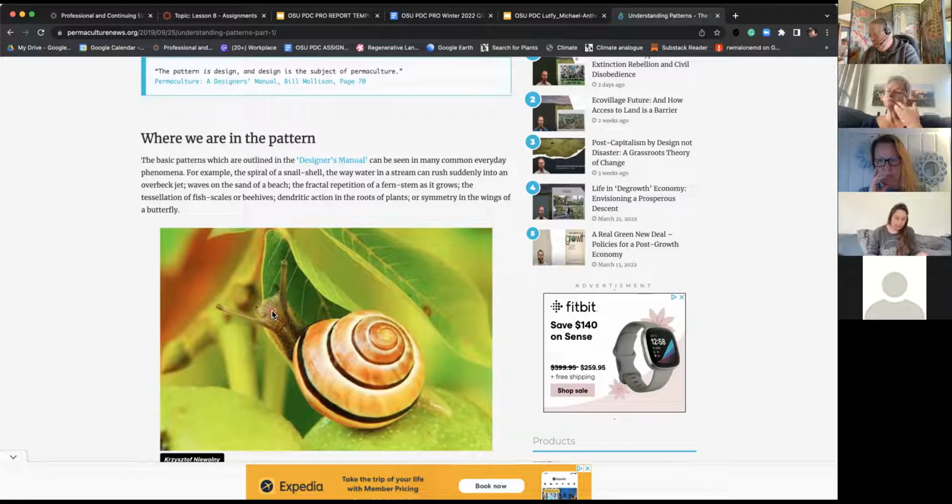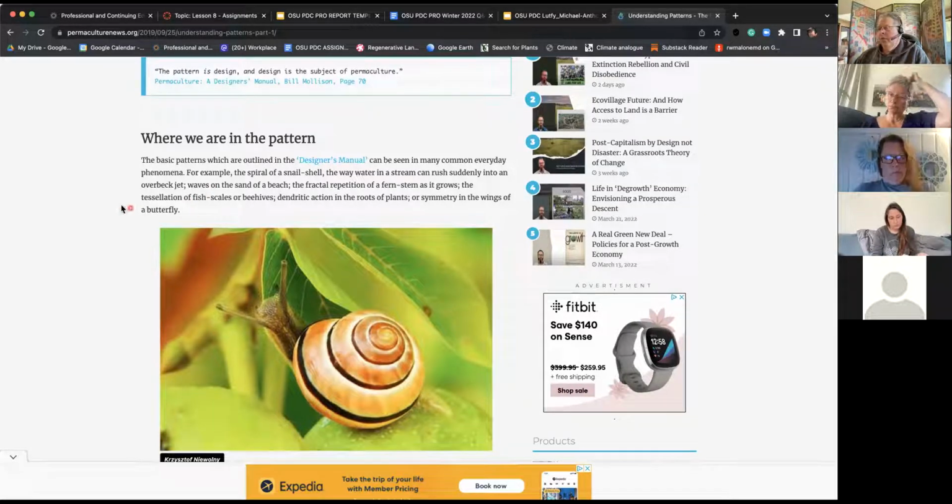The way a forest looks, the top of a forest, could be a pattern. The dunes in a desert can be a pattern. Waves in an ocean. The root system in a plant. As it says here, the scales of a fish.